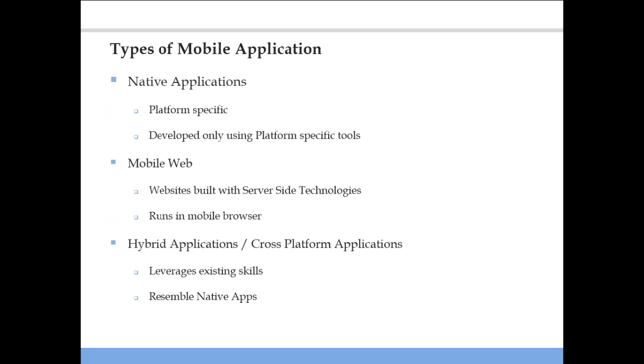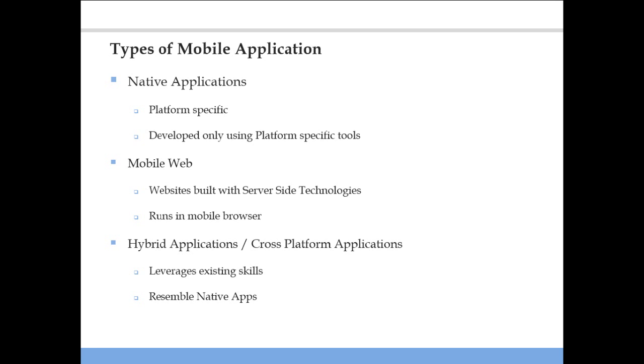So first, types of mobile applications. We have three different types of mobile applications. Basically, these are native applications, mobile web, and hybrid applications, also called cross-platform applications.